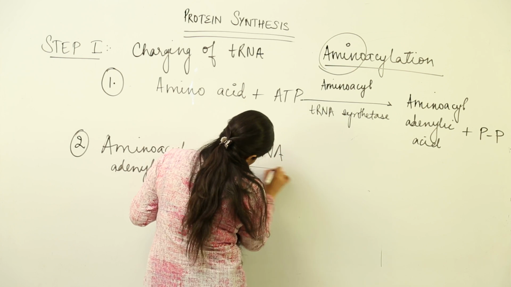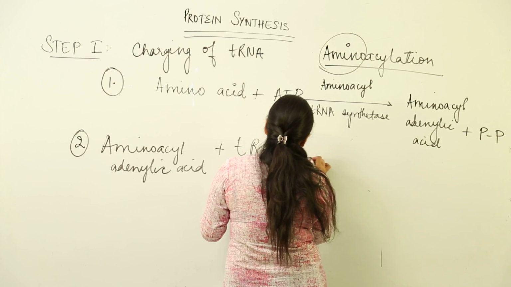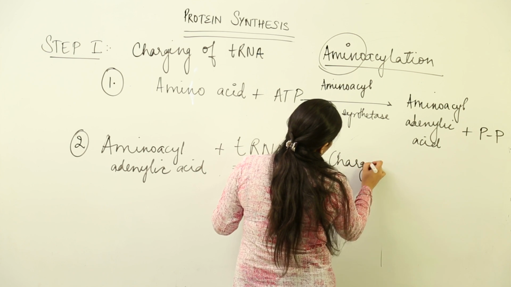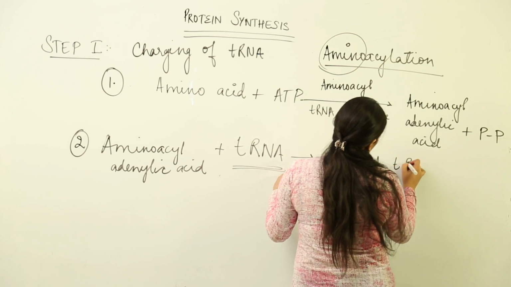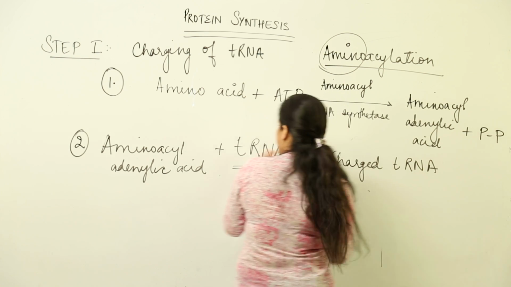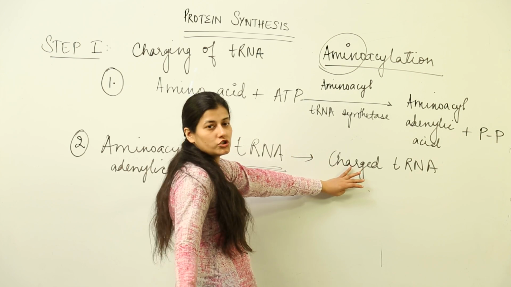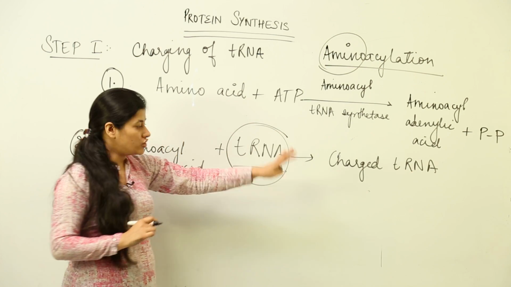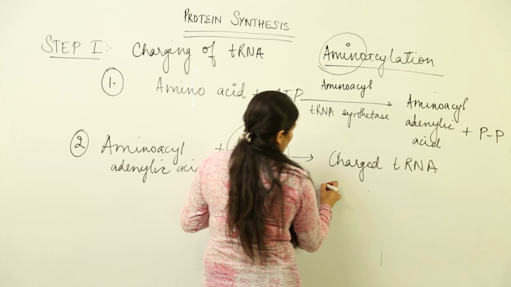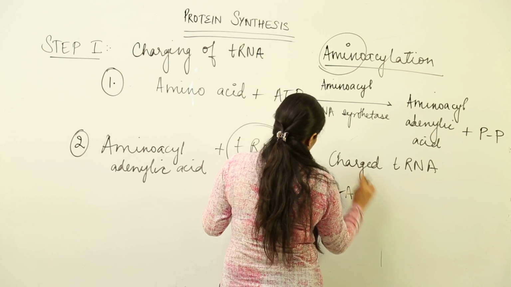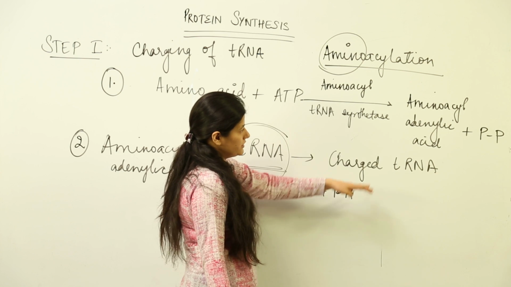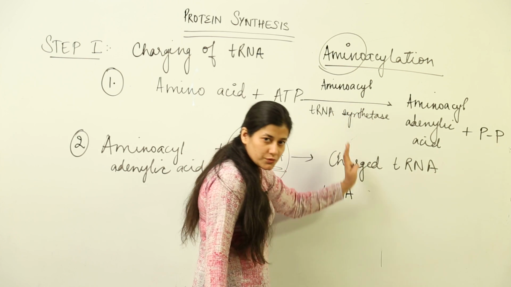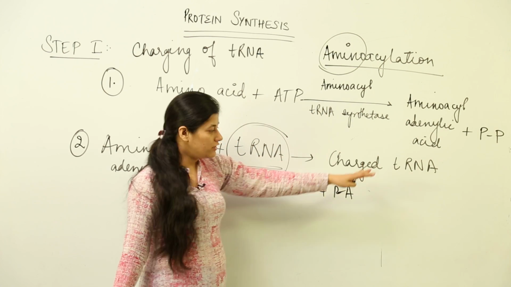Again, the specific tRNA, it would combine, and it would give rise to charged tRNA that has the amino acid attached to the tRNA that we have over here. So, in this way, charging of tRNA takes place. Of course, the phosphate would combine with this adenine, and the aminoacyl tRNA synthetase would come out of this, that would be regenerated.